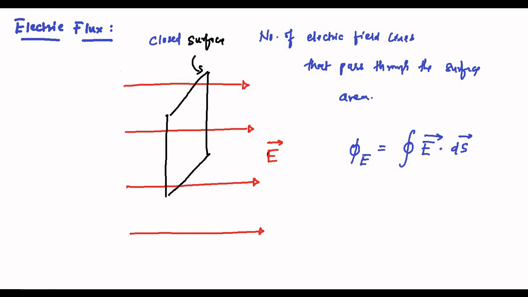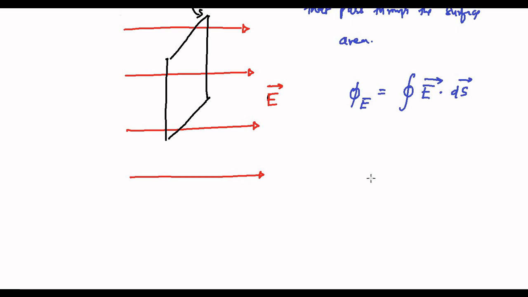So suppose we have a surface like this, okay, this is the surface. The surface element area vector will be like this, radially outwards, perpendicularly outward, normal. And let's say the electric field is like this, in this direction, E vector.